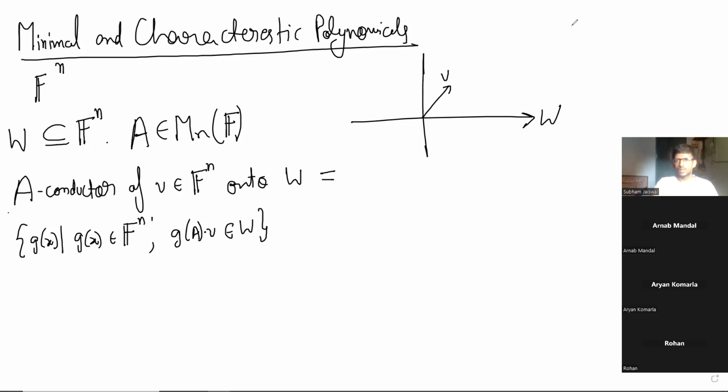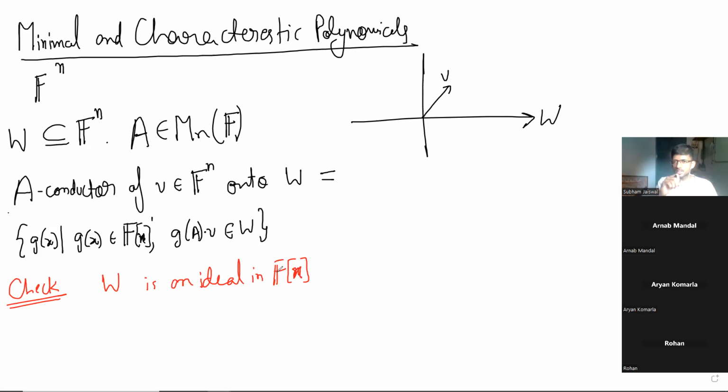So if this is understood, then you check that W is an ideal in F[x]. Look at the definition of ideal and prove this. Ideal just means that if g(x) is there, f(x) is there, then the sum is there.